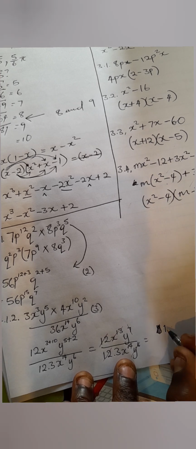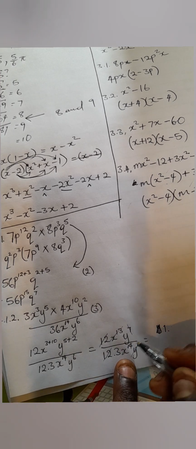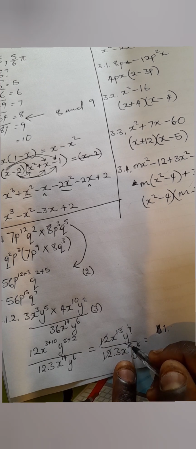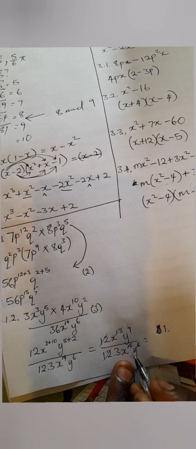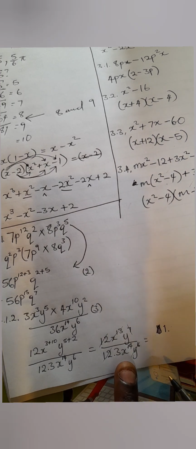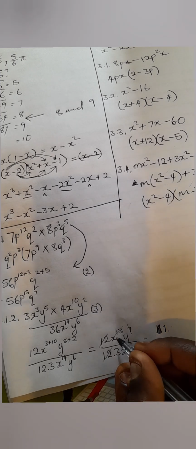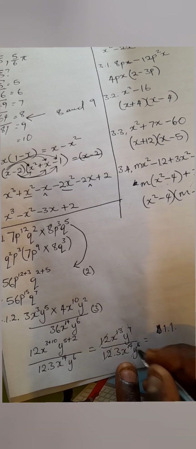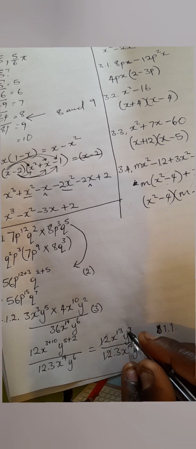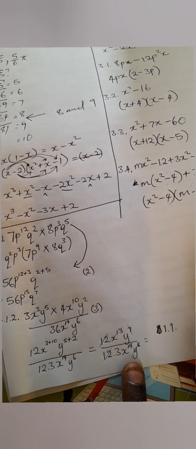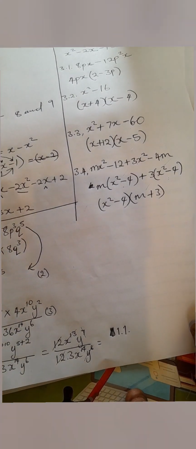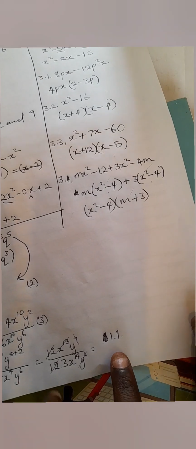X to power 13 cancels out with x to power 13 in the denominator, but here you've got 14, so you will have 1x remaining in the denominator. I should follow the laws of exponents.